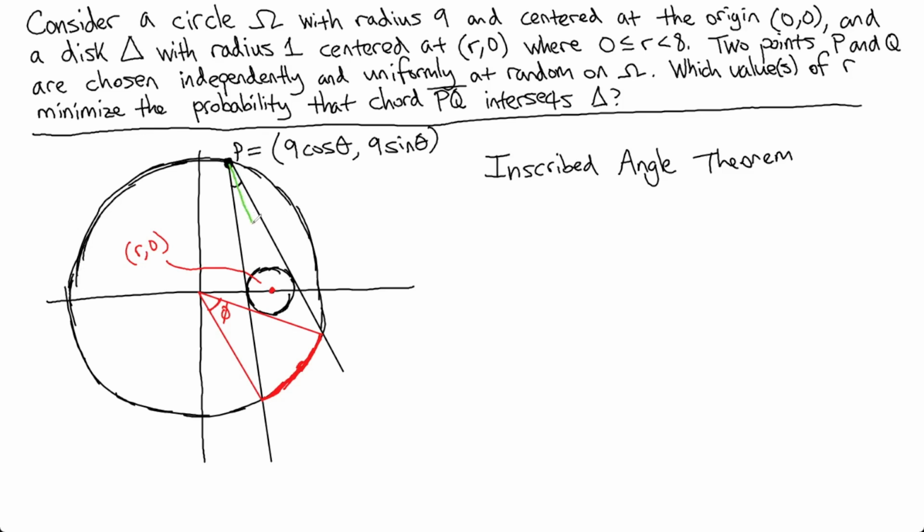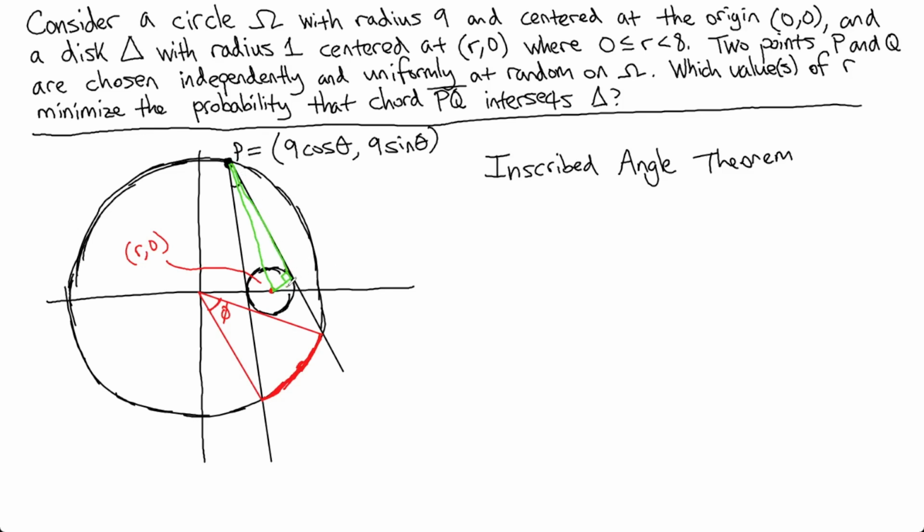Furthermore, if we look at the angle bisector of P, the angle bisector passes through the center of the disk. If we then draw from the center of the disk a radius perpendicular to the tangent line, we have ourselves a right triangle in green.